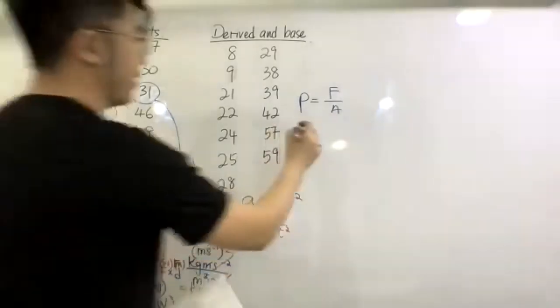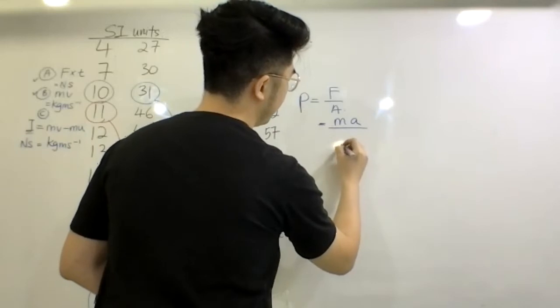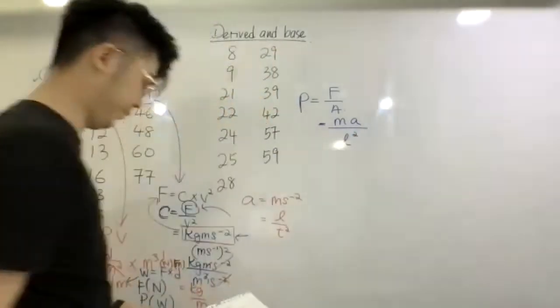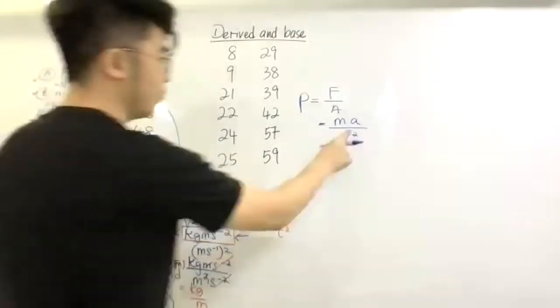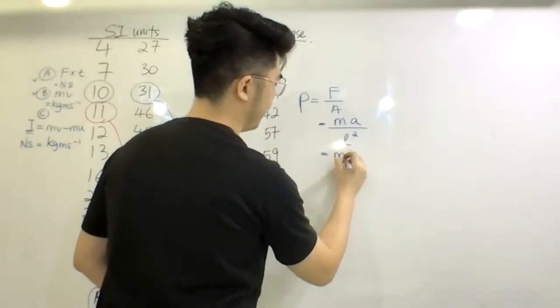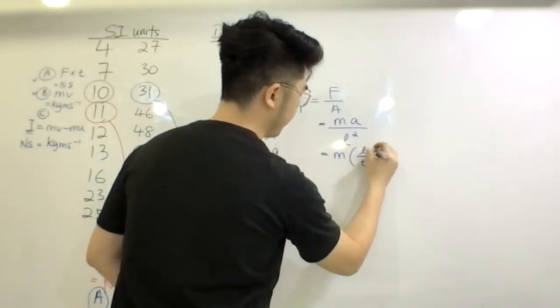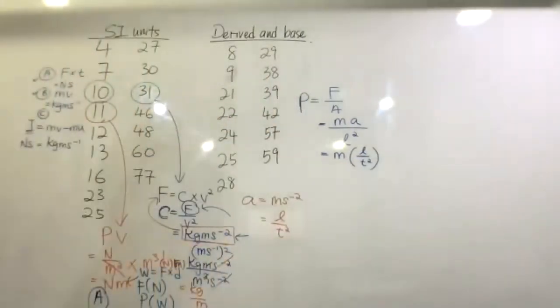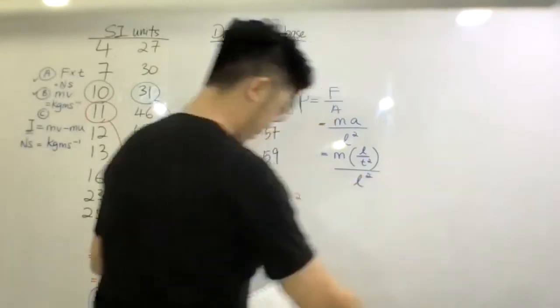Okay, force over area. What is F? m a. Area is L squared. Acceleration is length over t squared, over L squared.